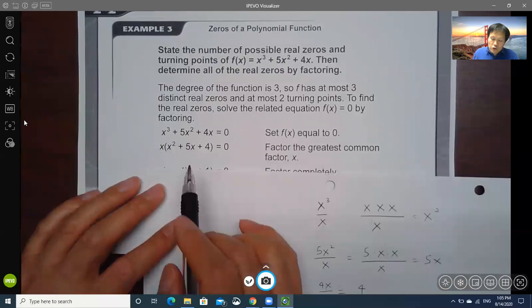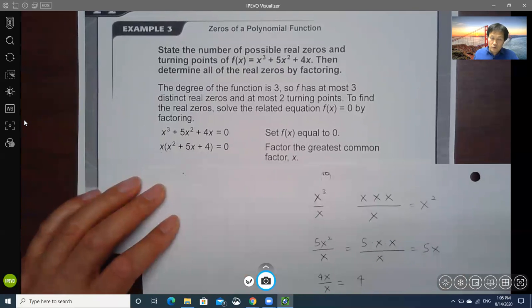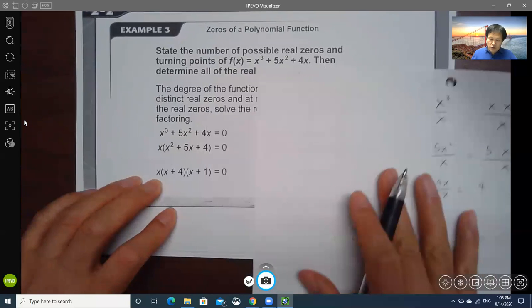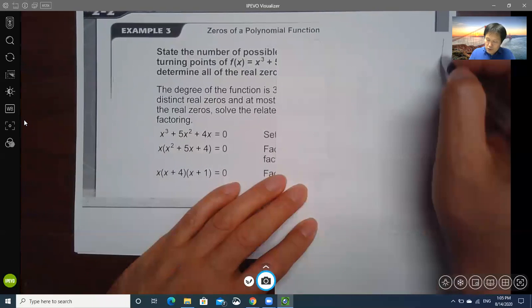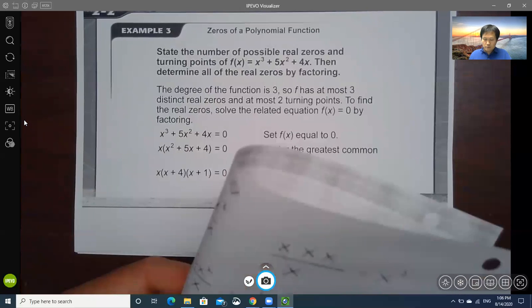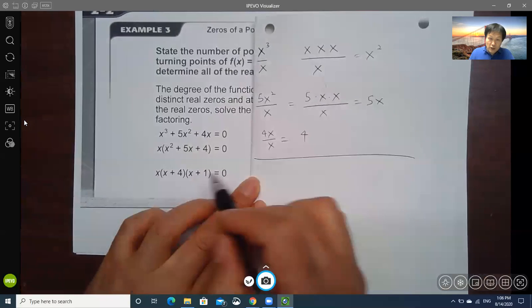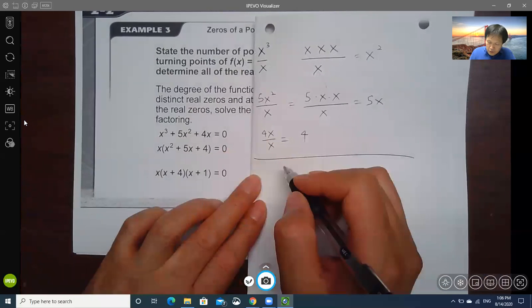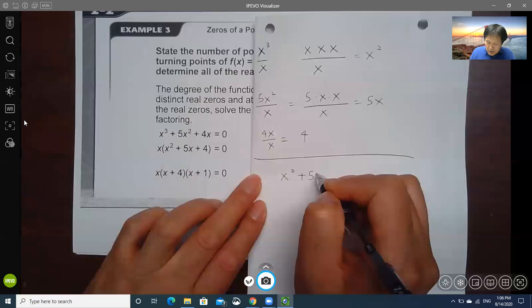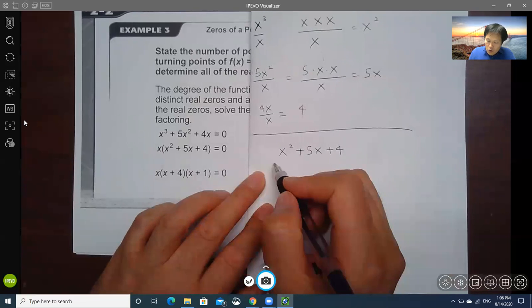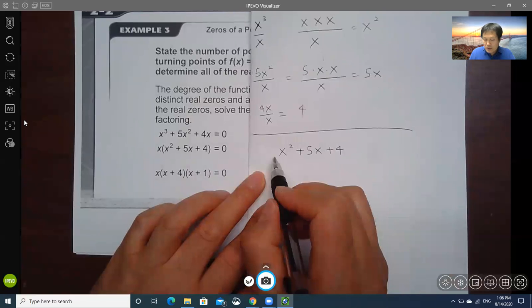Now you have to do trinomial factoring here. Maybe some of you can do that in your head. The inside here, x squared plus 5x plus 4, you can factor. What times what makes the leading coefficient?